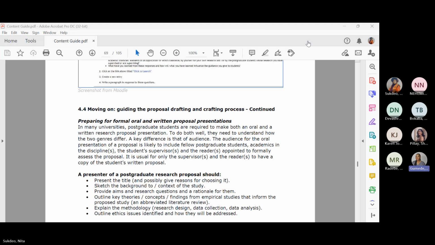I look out for short webinars, anything that comes from the library, and I send it to the student. I know that it also cuts part of my work, but it also makes sure that my students are supported. So you can share a lot of things, links, webinars. You don't always have to have a one-on-one on Teams.